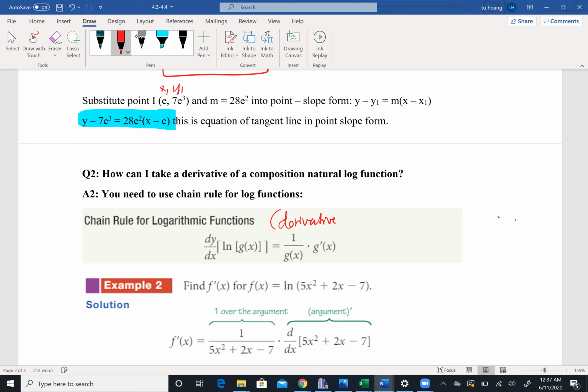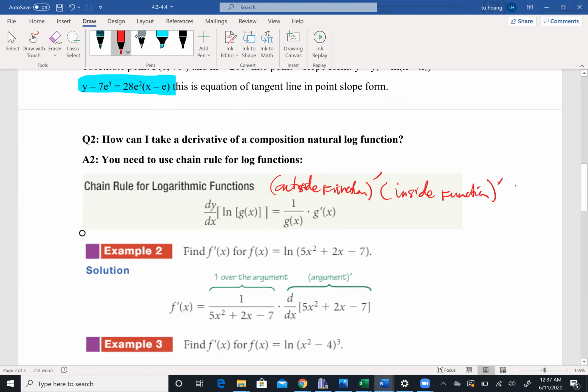So I'm going to change this to: derivative of the outside function multiplied with the inside function, and then the derivative of that. So let's do an example so you can see it more clearly.